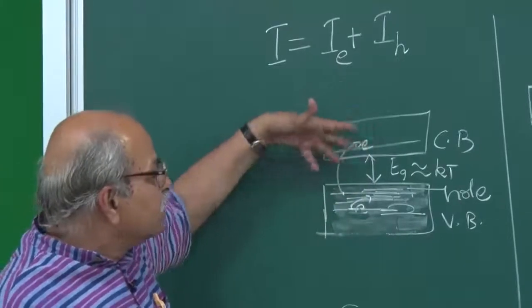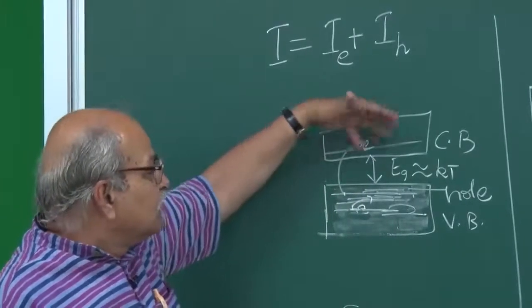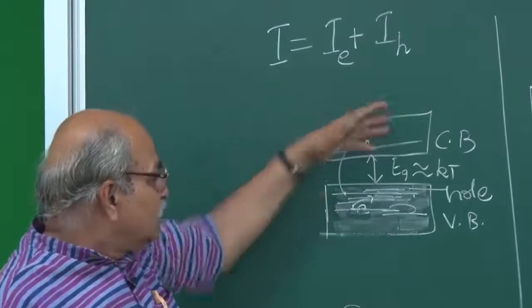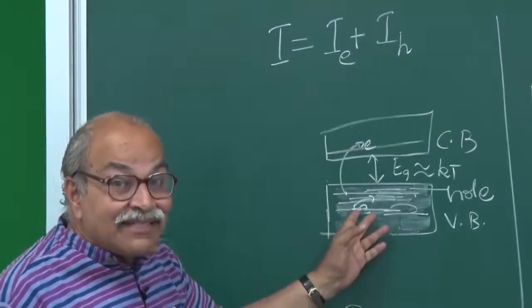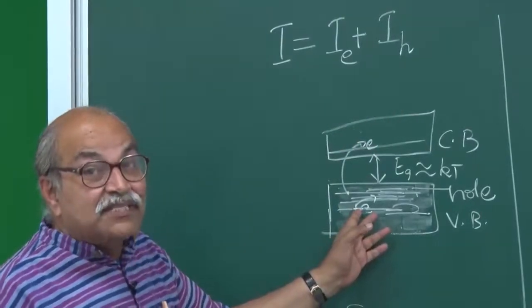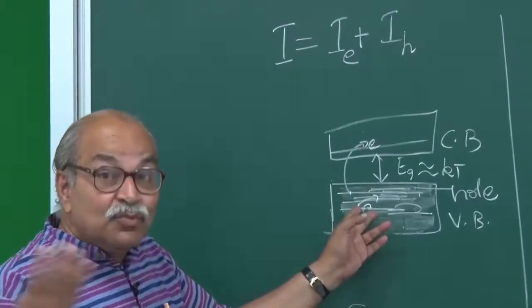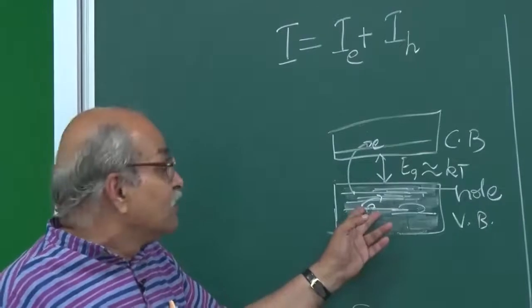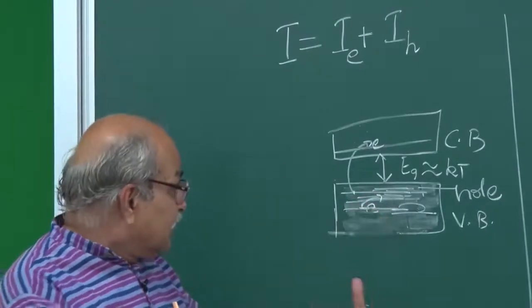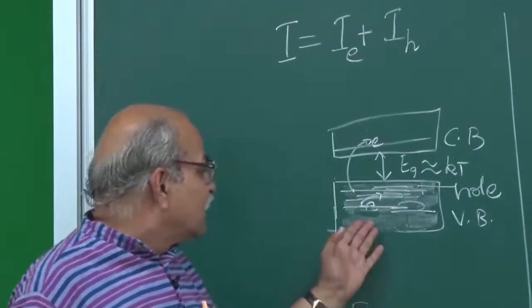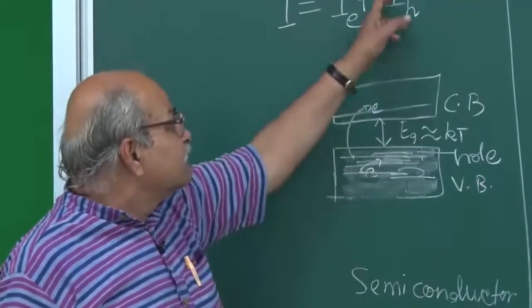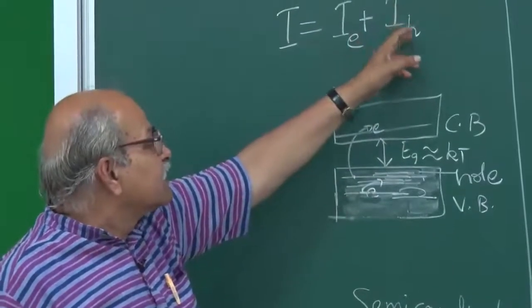One is these conduction electrons which are responding to the electric field, and one are these valence electrons, electrons in the valence band. These are the electrons which are not that free to move in the entire crystal, but even in their localized domain they can make some current, which you can call IH.